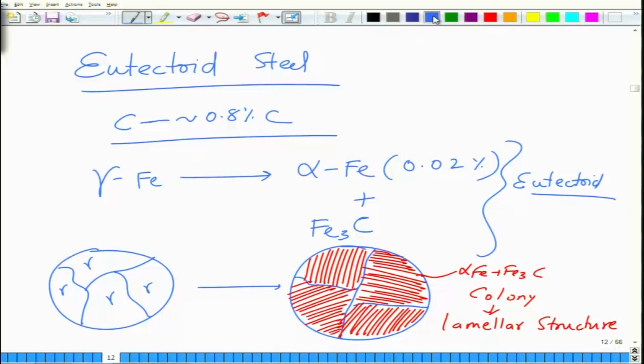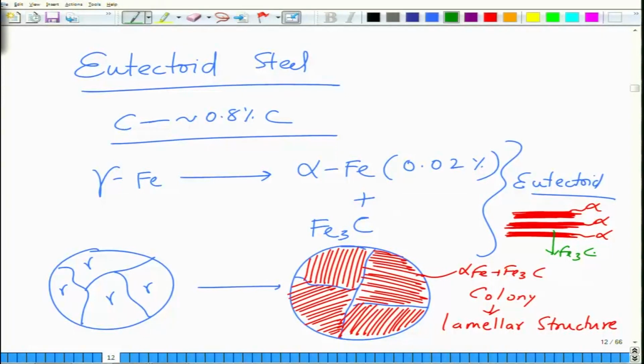And if you look at it microscopically, it is going to look like this. You have a plate of alpha, so these are the plates of alpha, and in between you have Fe3C.